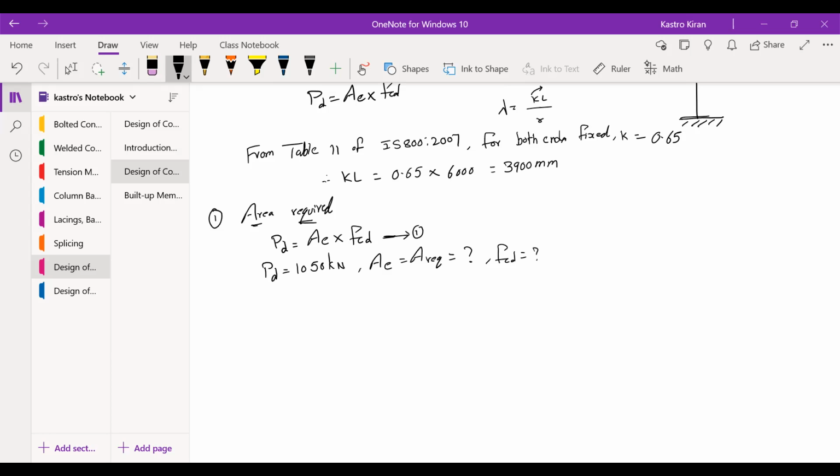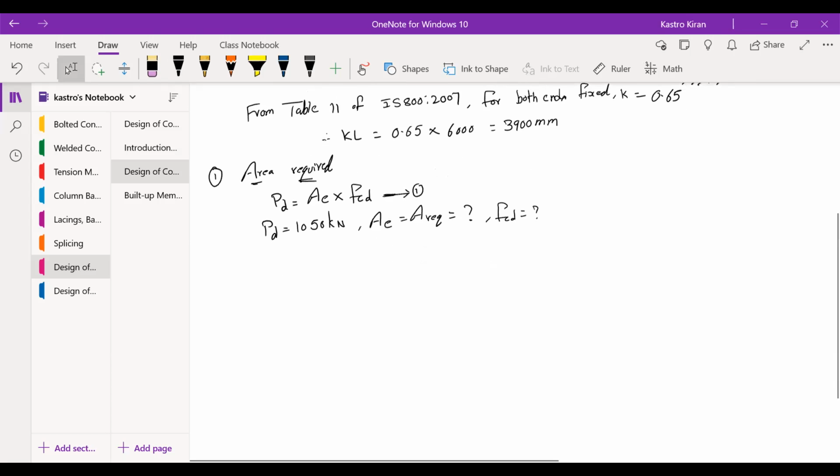So in design type of problems, you need to assume the value of FCD. So assume FCD equals 130 newtons per mm square. Why am I assuming FCD as 130 newtons per mm square?